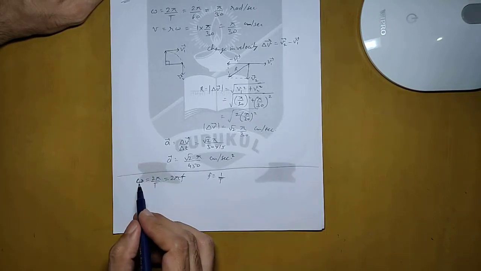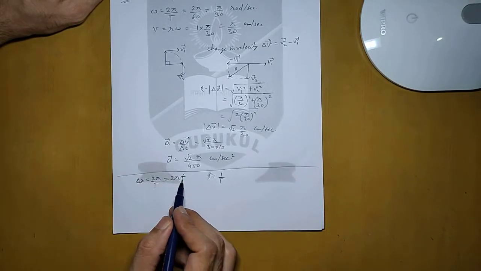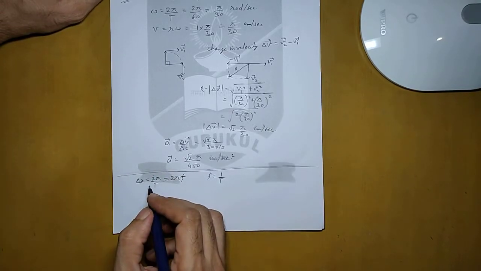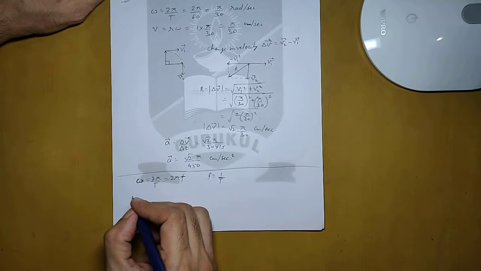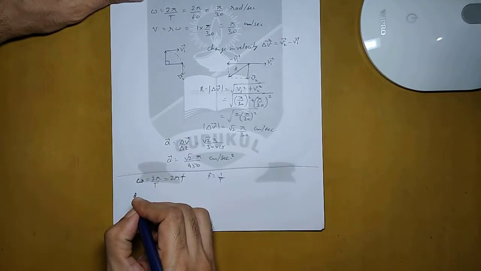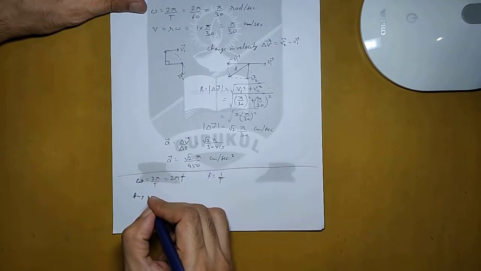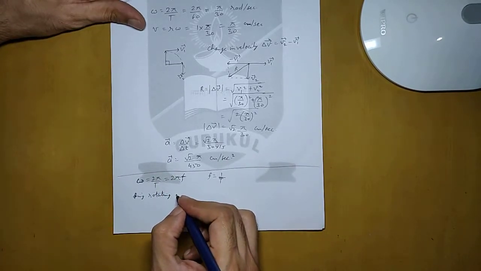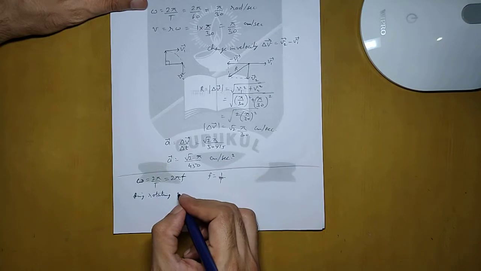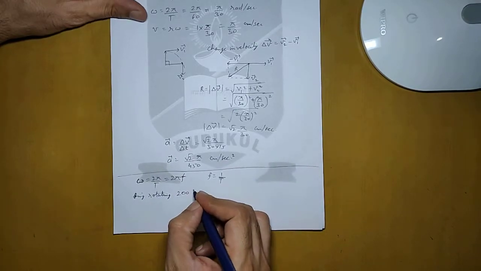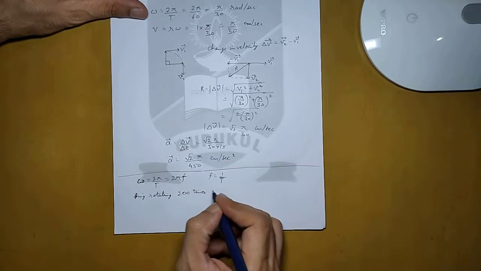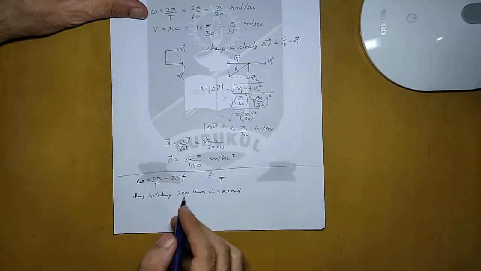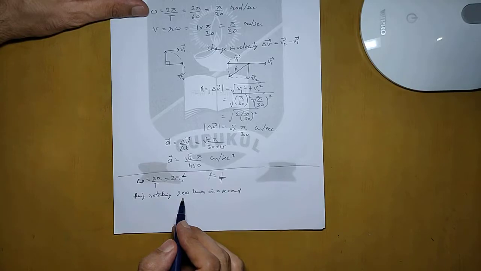Now the important thing is that in some questions we are given a value, but we are not told whether the value is angular velocity or angular frequency. Now these two are two very different things. Suppose it is given in the question that there is a ring and it is rotating 200 times in a second, then this is not the angular velocity which is given to us.